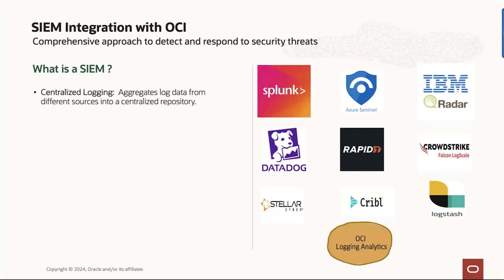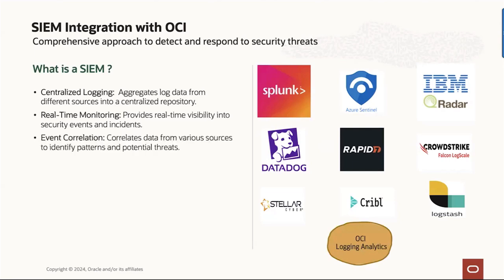But what are the use cases that SIEM is going to solve? First, it provides a real-time monitoring environment where you get real-time visibility into all security events and incidents across all your environments. And you can do event correlation. Whenever there is a security incident or a problem, you want to correlate how it happened from end to end.